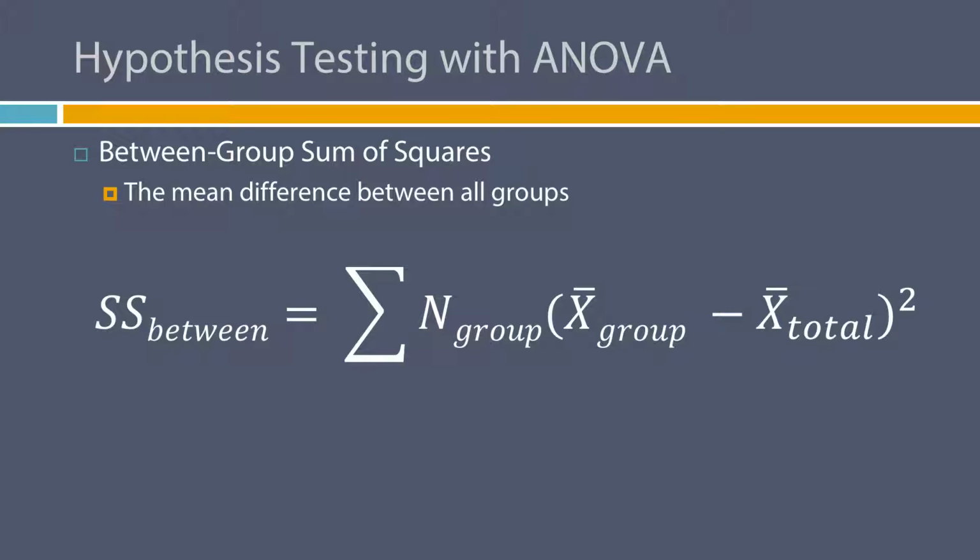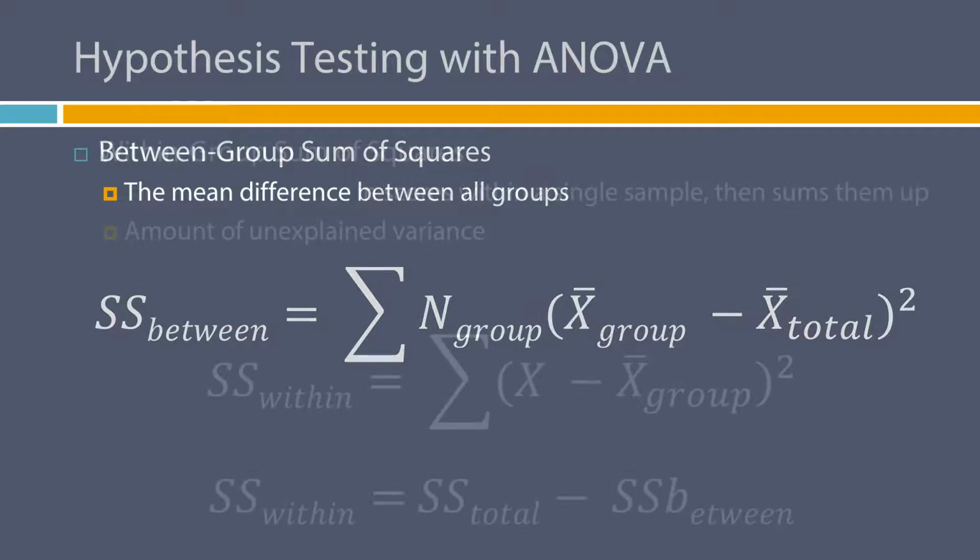We multiply that by n of the group, or the total number of people in each group. Then we do it for group 2. The number of people in group 2 times the mean of group 2 minus the mean of all the means, squared. And then we do that for group 3 as well.